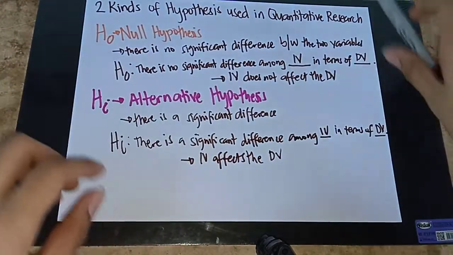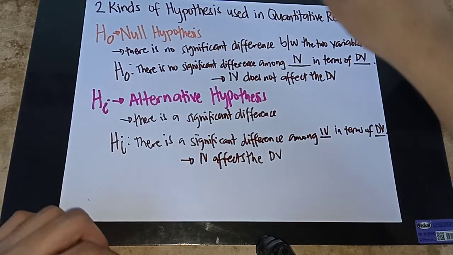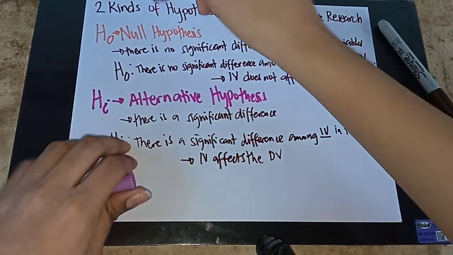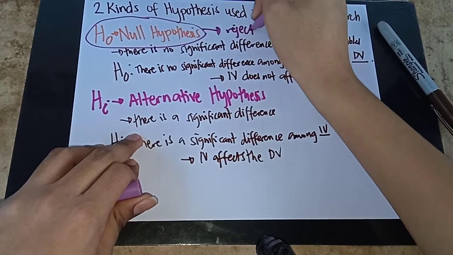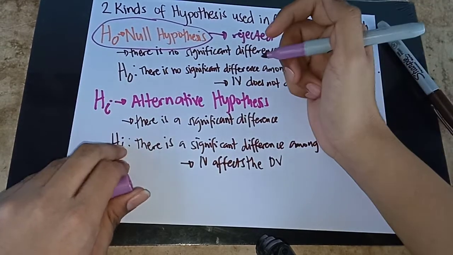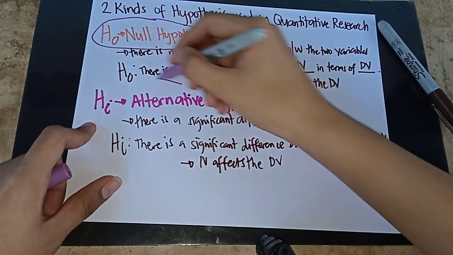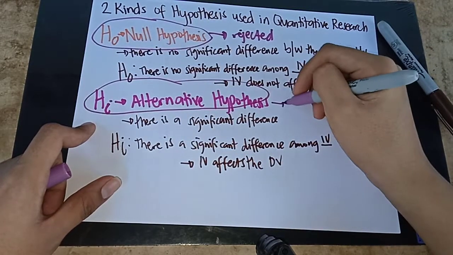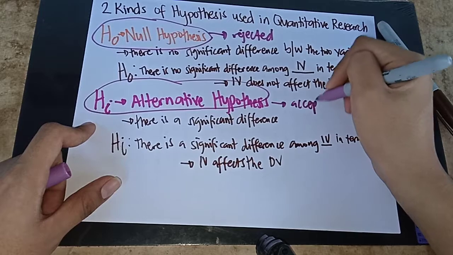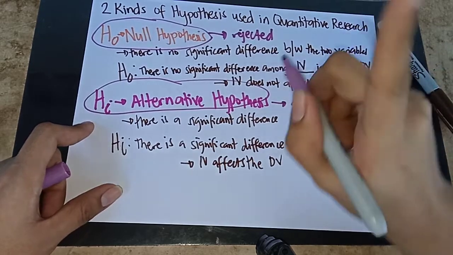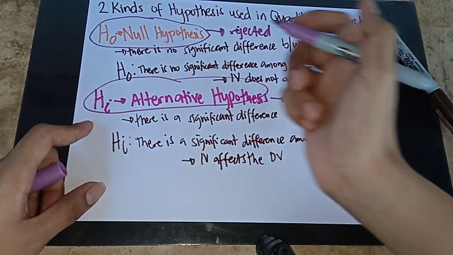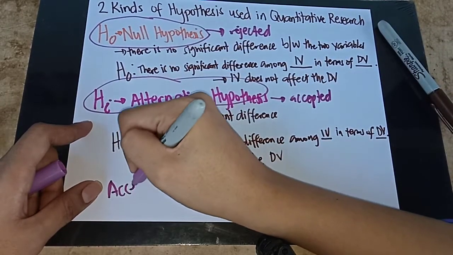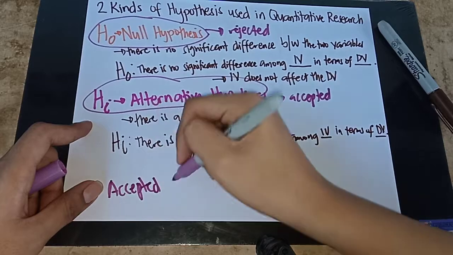Now, once we reject the null hypothesis, when the null hypothesis is rejected, then we accept the alternative hypothesis. Okay? And the accepted hypothesis will be our conclusion.